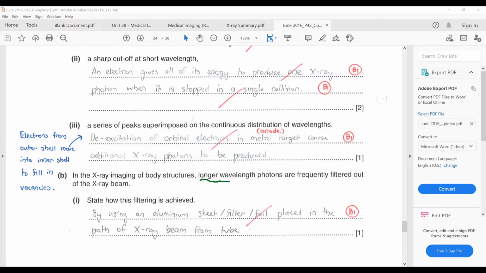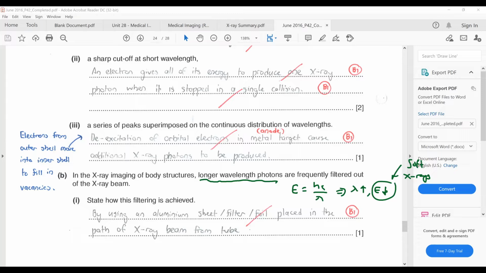Now, long wavelength photons is actually referring to photons with low energy, right? Because you see, if lambda is large, long wavelength, the energy of your photon is small. The energy of your X-ray photon is small. This one is referring to your soft X-rays, the ones that I mentioned just now earlier to you.